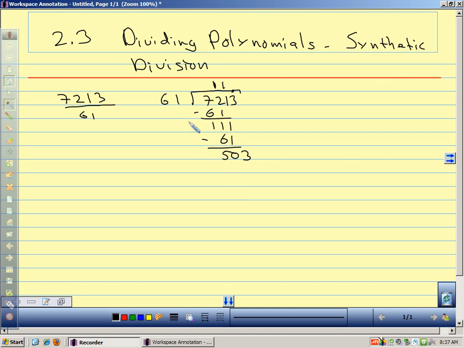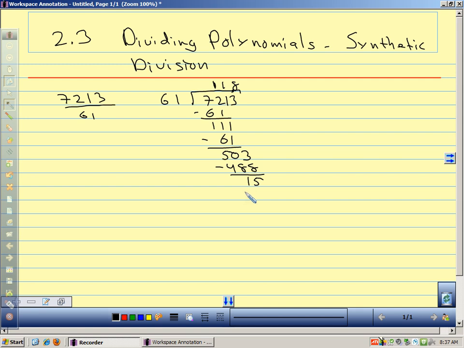Now we say, how many times does 6 go into 5? 6 doesn't go into 5, so we say, how many times does 6 go into 50? 6 times 8 is 48, so 6 goes into 50 8 times. And then we multiply again. 61 times 8 is 488. Then we subtract, and we get 15. 15 is less than 61, so we can't do our division anymore.